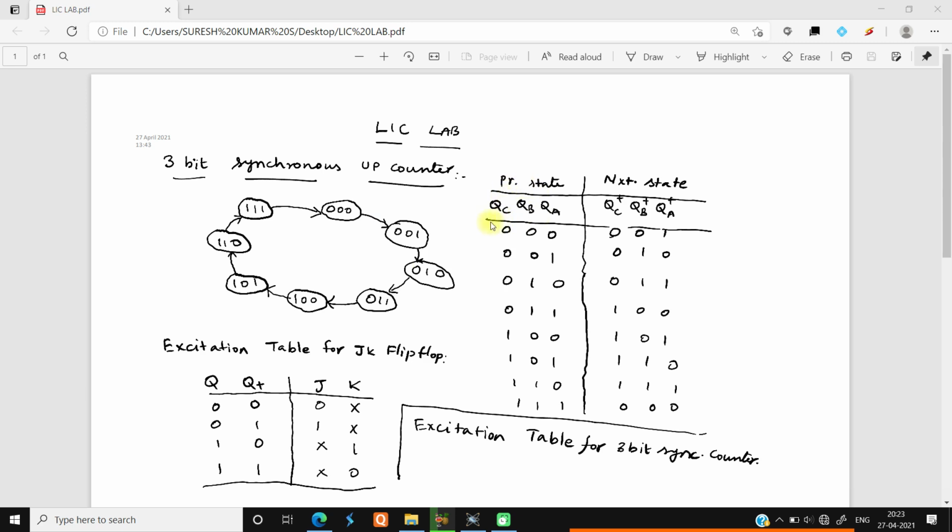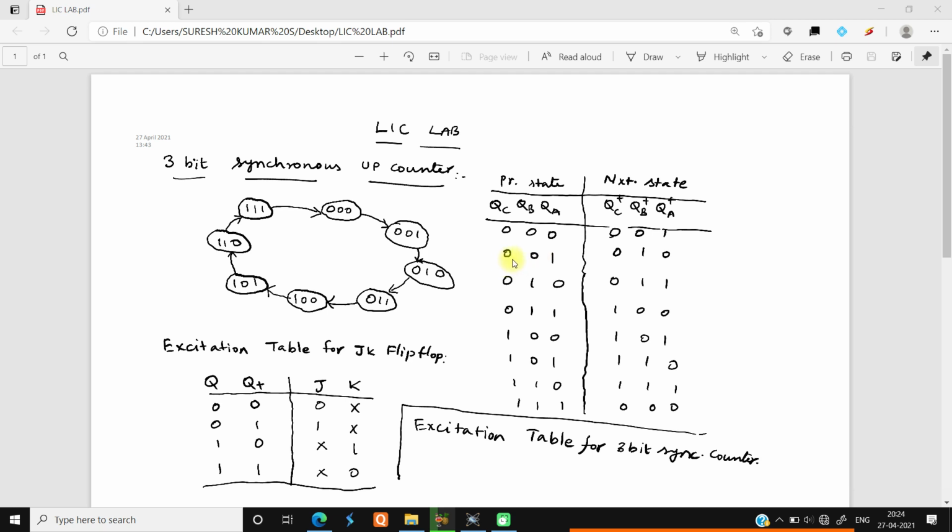The state table will depict three flip-flops QA, QB, QC, and the present states. If the present state is 000, then the next state will be 001, and so on.